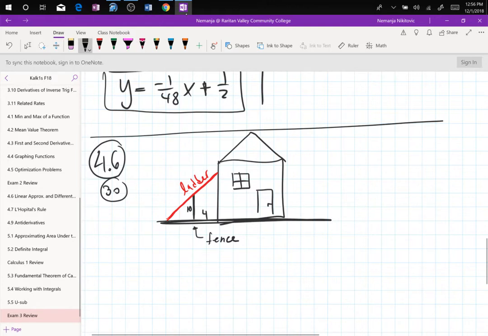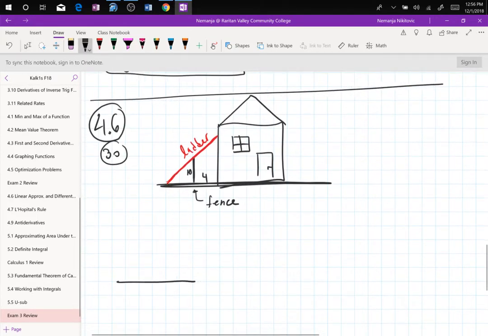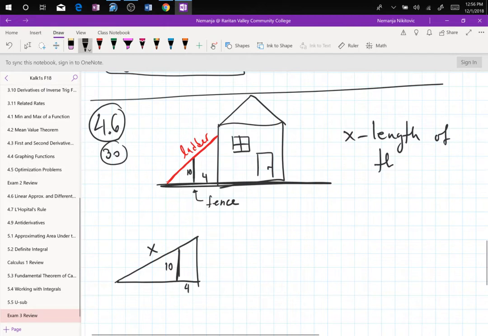So what do I have? Well, I can take this triangle and put it on the side, with 10 and 4, and let's use just x for the length of the ladder.